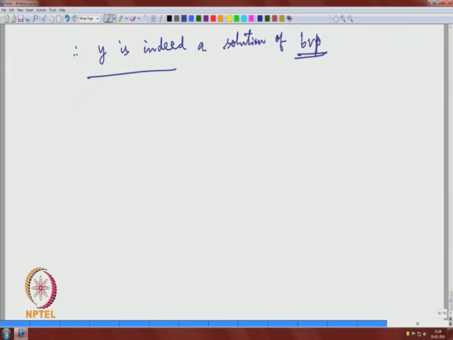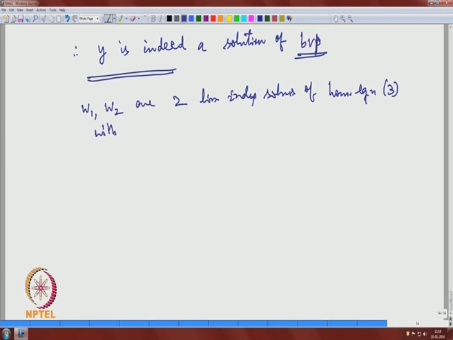So, we started with, let me just recall, W1 W2 are two linearly independent solutions of homogeneous equation 3 with the normalized Wronskian equal to 1 by p(t). Also W1(a) equal to 0 and W2(b) equal to 0.